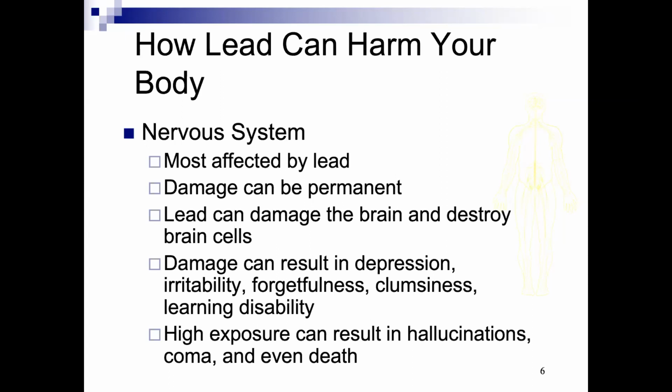And between 0 and 72 months of age, which is basically 0 to 6 years of age, all the connections of those telephones are in process, are being made. And lead can damage the ability of those connections to be made. Either they're not made at all or they're not made properly. So this damage is pretty much irreversible.